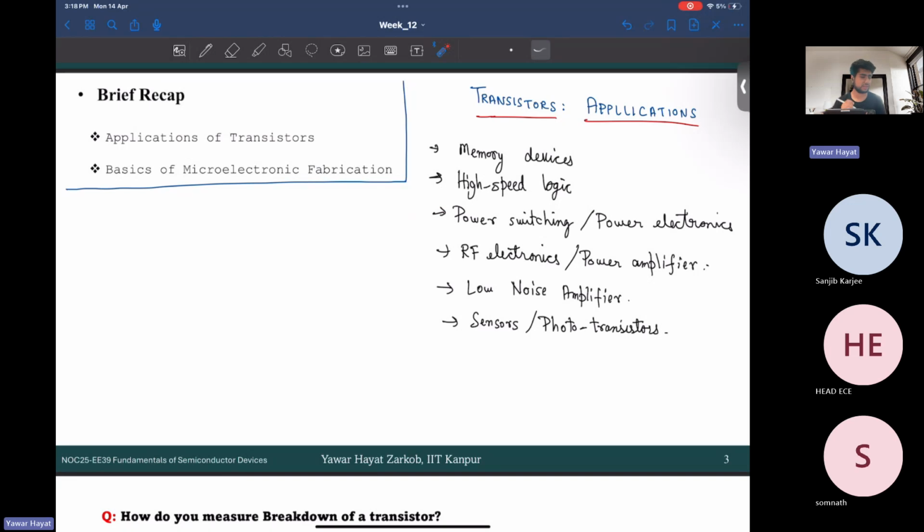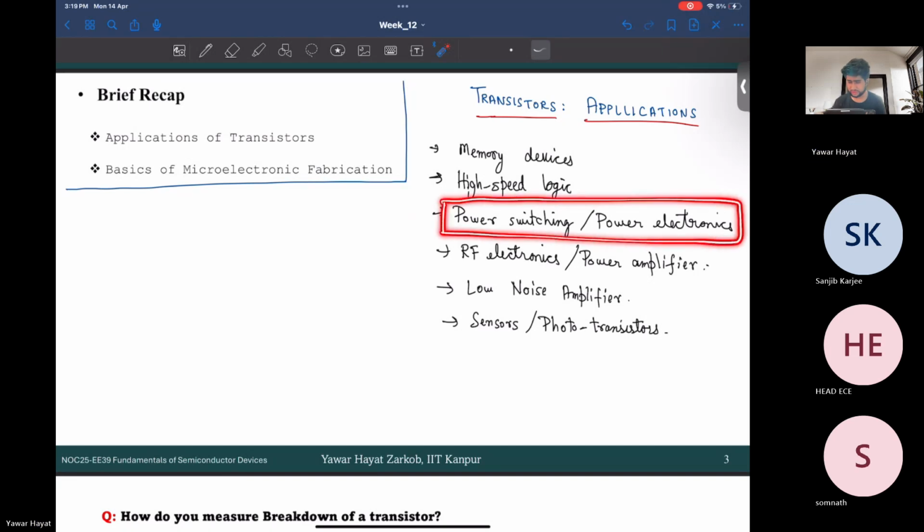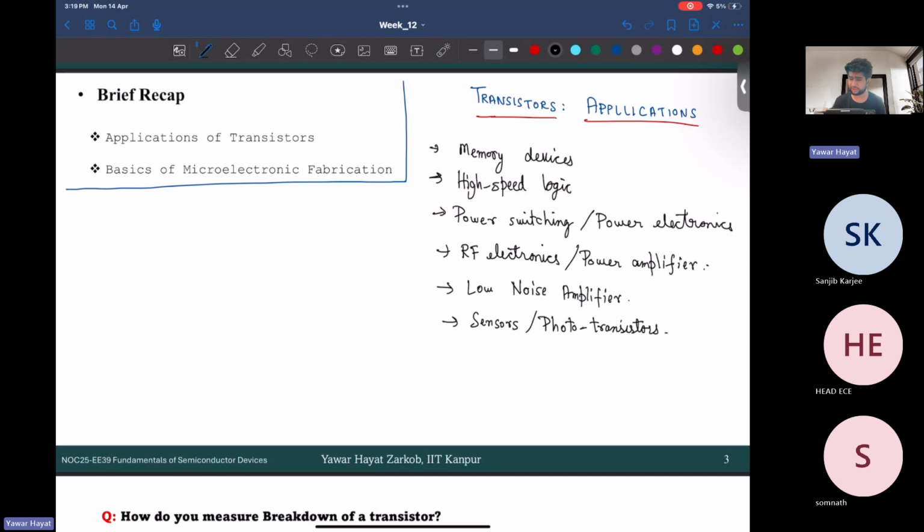What we do is ground the source and sweep the drain voltage from 0 to whatever.